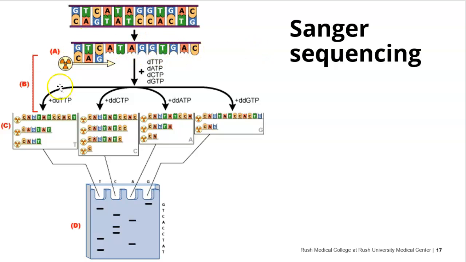So they add their fragment of DNA into 4 different solutions, and in each one of these solutions, they have the regular base pairs ATCG, and in this one they have deoxythymine, deoxycytosine, deoxyadenine, and deoxyguanine. When the deoxy base is added, it stops the fragment from continuing because it stops it from continuing to sequence.